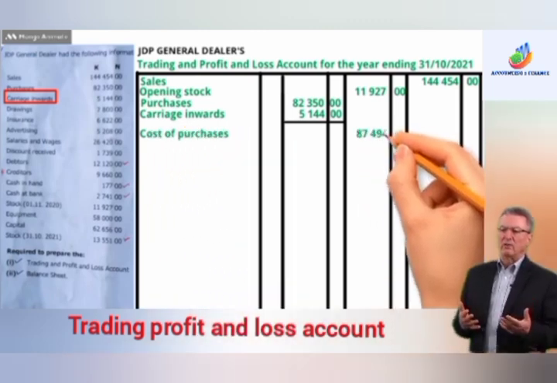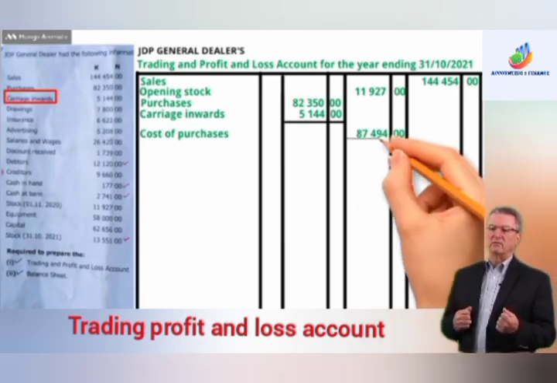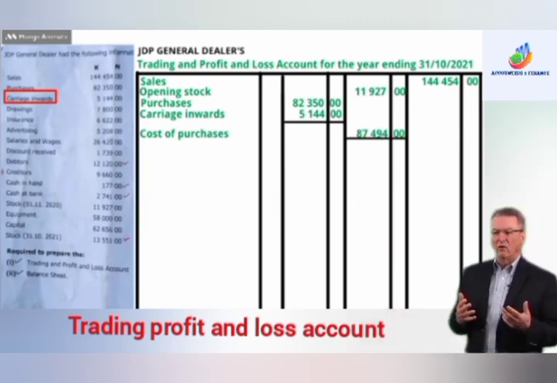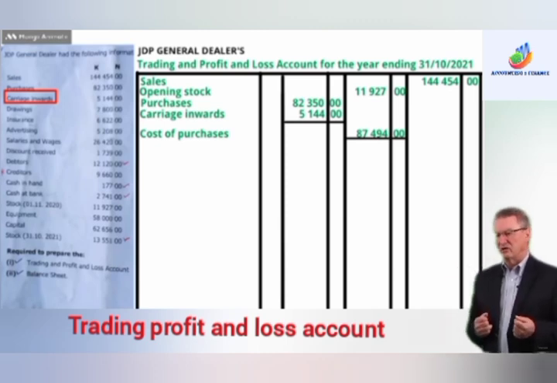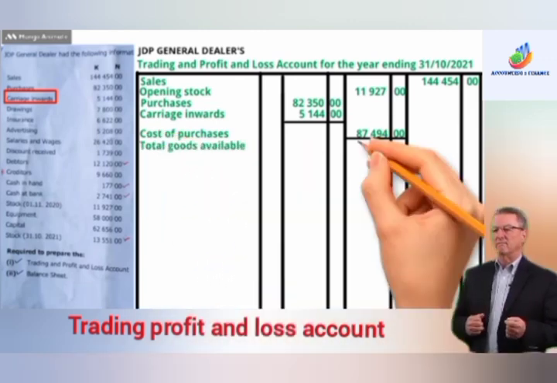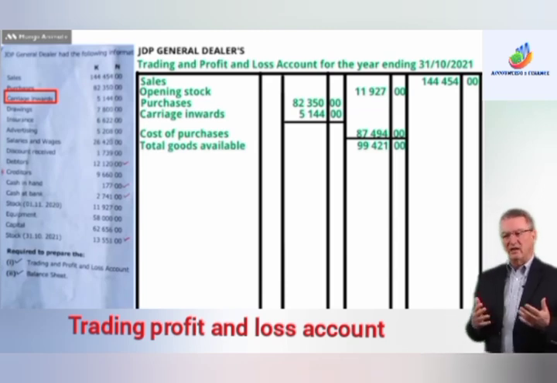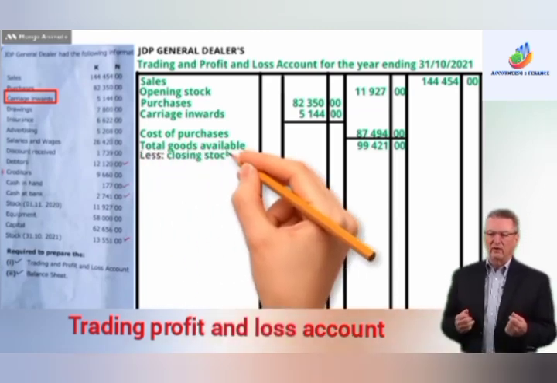Then when we put all those items together, 11,927 plus 87,494 will give us 99,421.